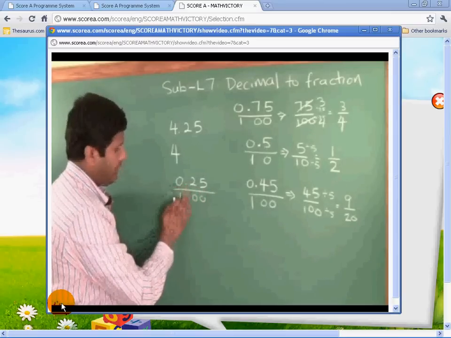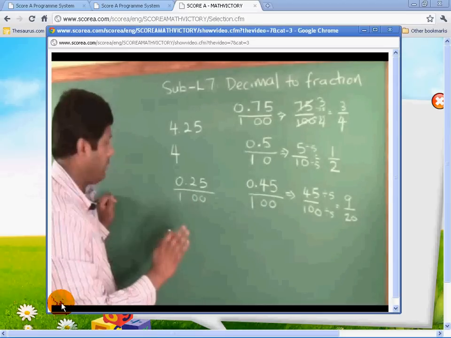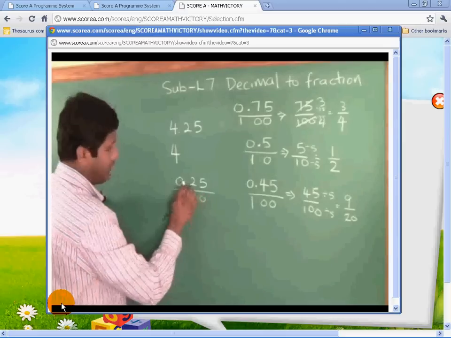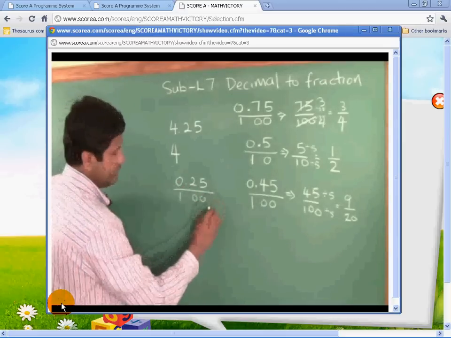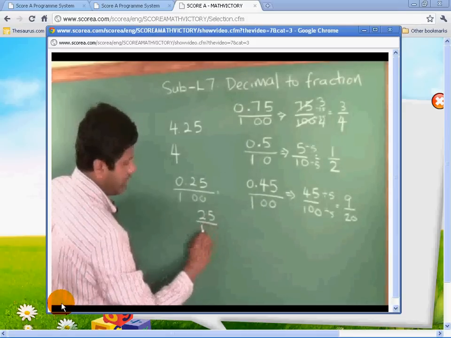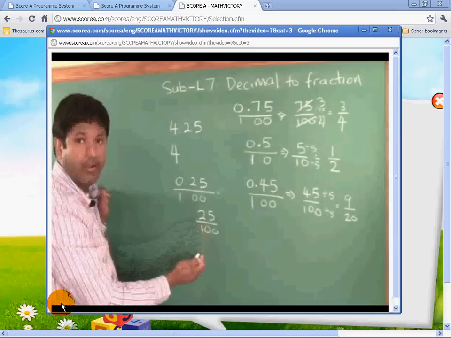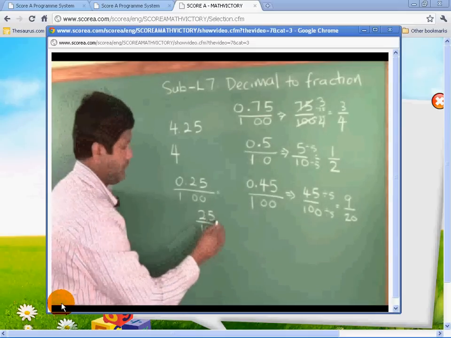Always 1 right after the decimal. No more than 1. Keep that in mind. So now you can get rid of this 0 and decimal. So make it 25 over 100. What's the common number that 25 and 100 can be divided by? 25 by itself.